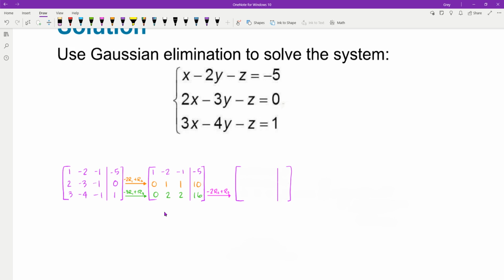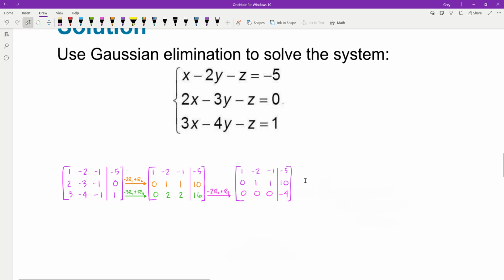Again, the first row is not going to change. The second row is not going to change. But my third row: 0 times -2 is 0, plus 0 stays the same. -2 times 1 is -2, plus 2 is 0. I get the same thing again. And then, of course, -2 times 10 is -20, plus 16 is -4.